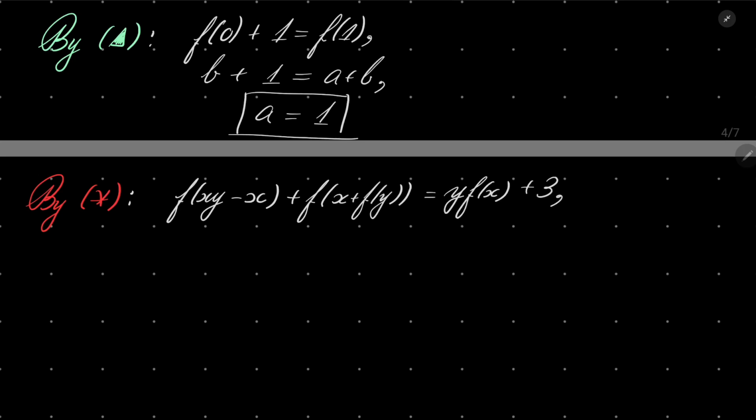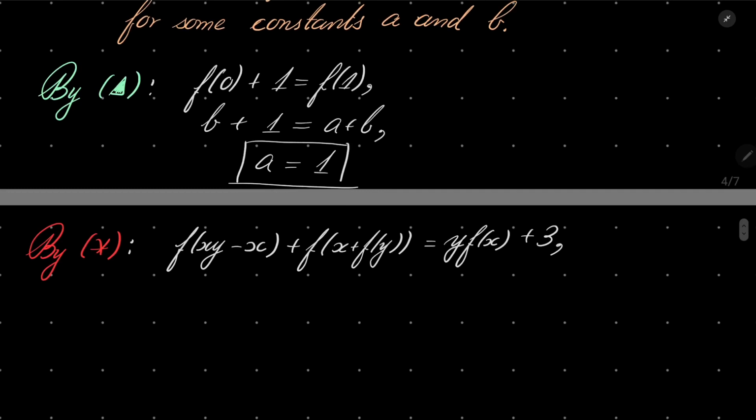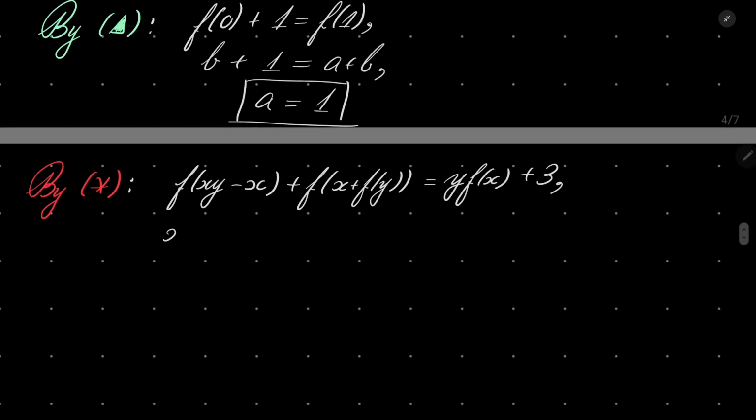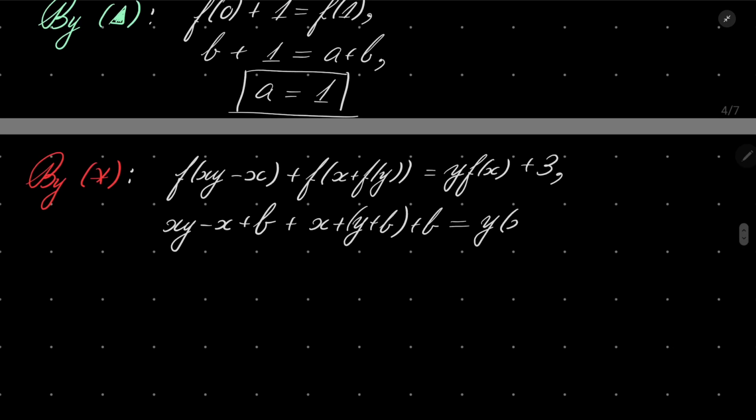And now let's put our function, which is x plus b. So we have xy minus x plus b plus x plus y plus b equals y times (x plus b) plus 3.